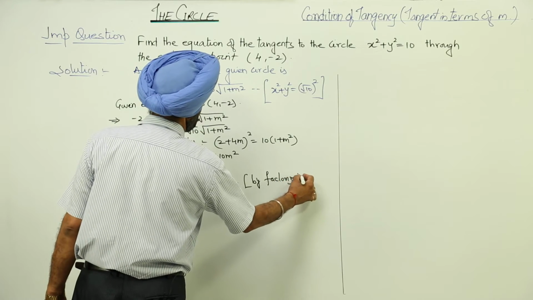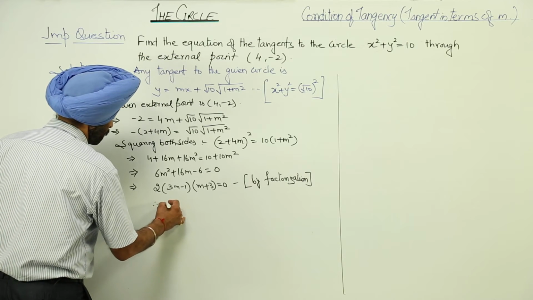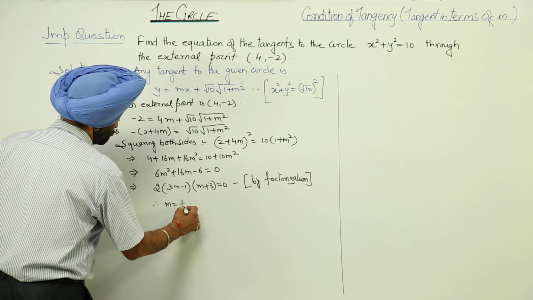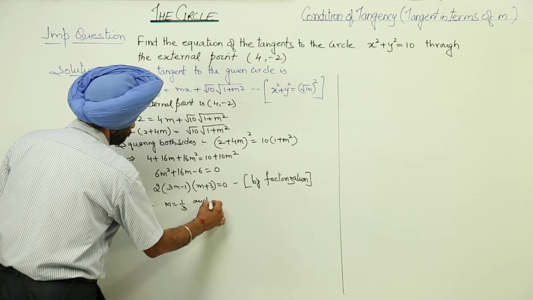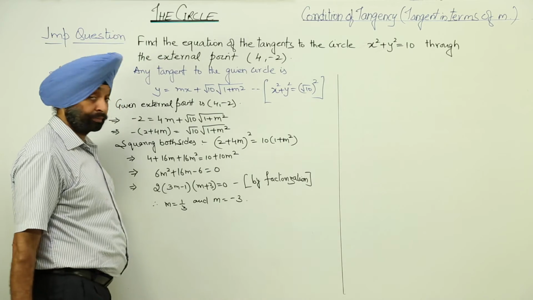By factorization, m is equal to 1 by 3 and m is equal to negative of 3.